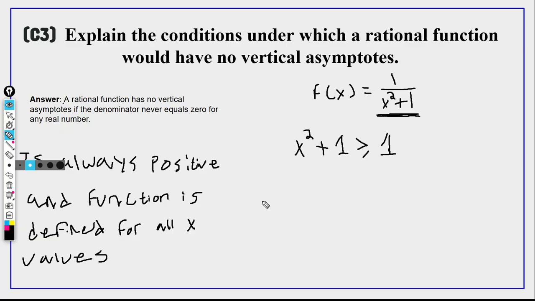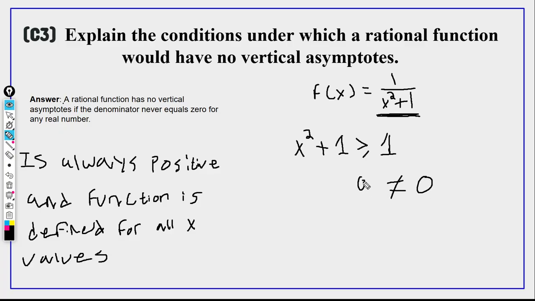So we know that vertical asymptotes occur at values of x where the denominator equals 0 and the function is undefined. The function is defined here. And also, to not have any vertical asymptotes, the denominator must never be 0.